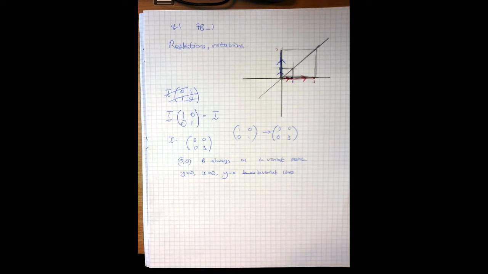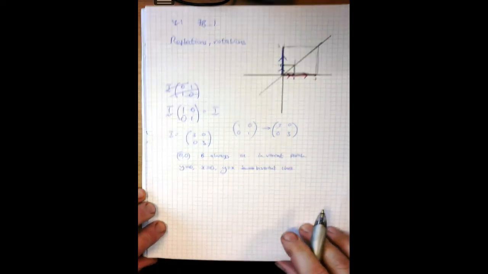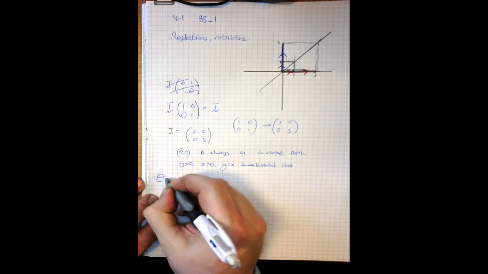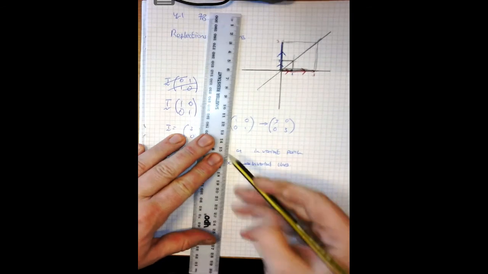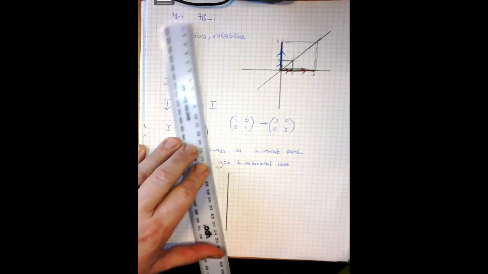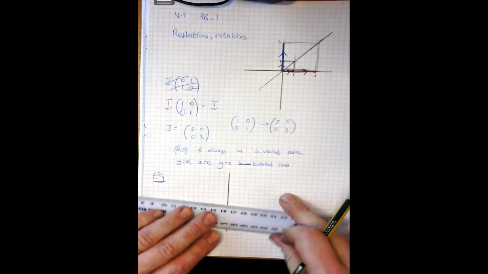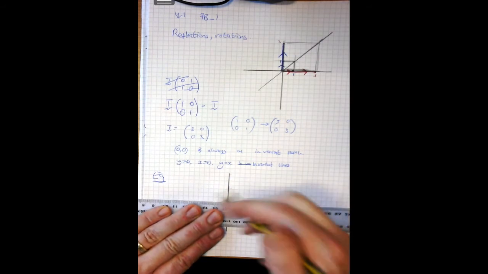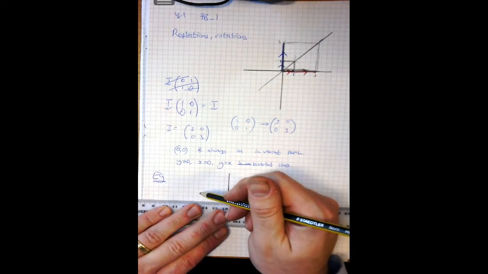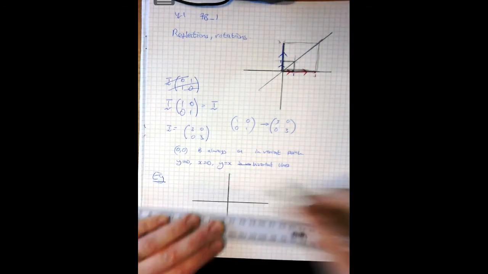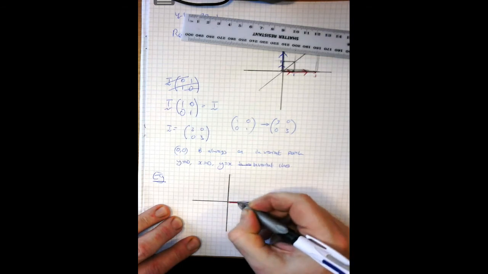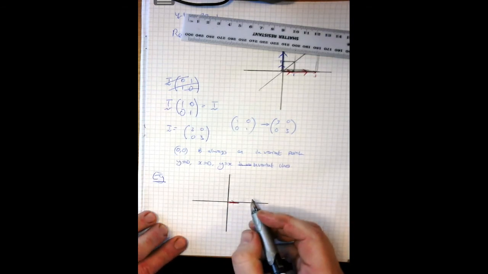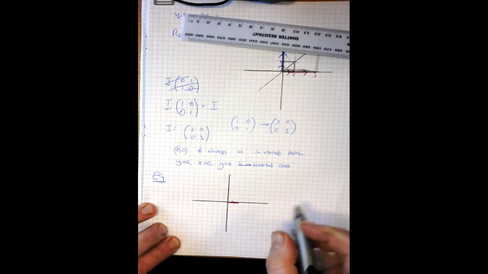Now, example 4 just gives us the square. It says I've moved my unit square. It's been reflected. So 1, 0 has been reflected to minus 1, 0. I'm actually going to draw 2 copies of it.